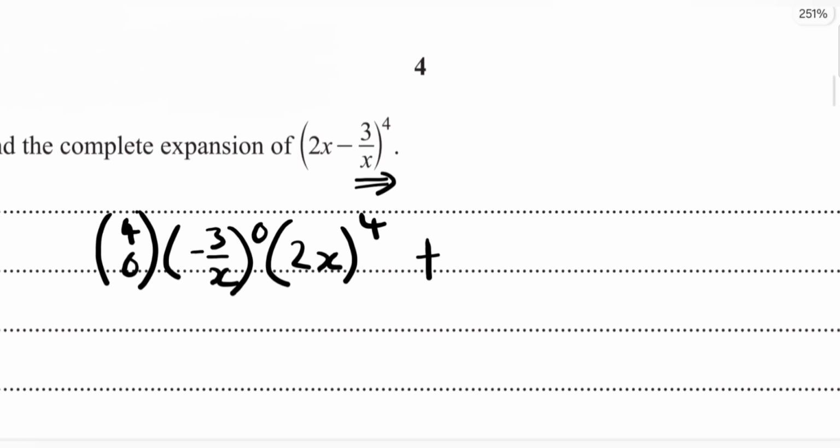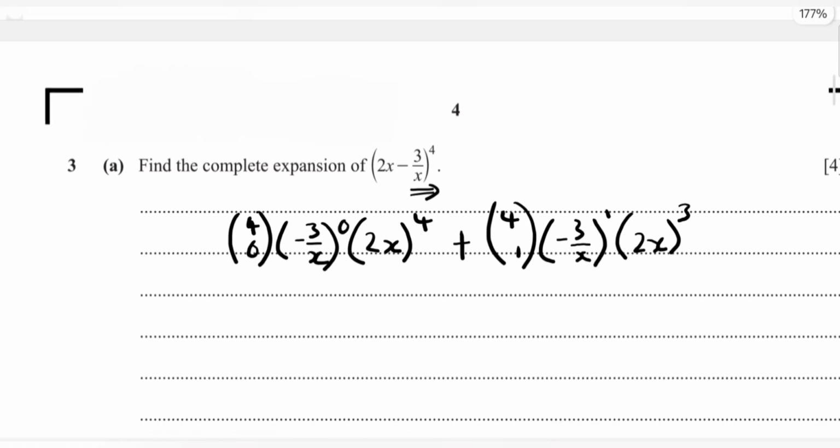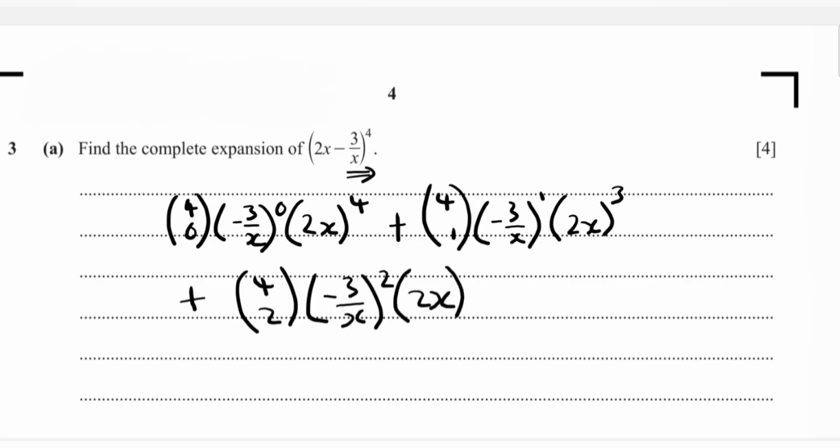And for the second one, we say 4 choose 1, then minus 3 over x to the power 1, then 2x to the power 4 minus 1, which is 3, right? And this will be followed by 4 choose 2 being multiplied by minus 3 over x to the power 2, and 2x to the power 4 minus 2, which is 2.